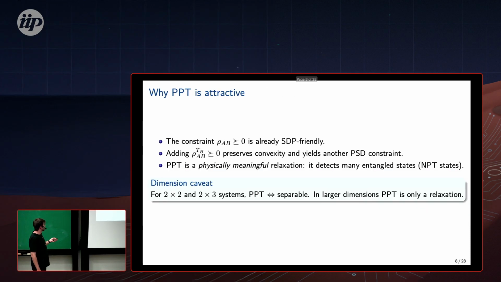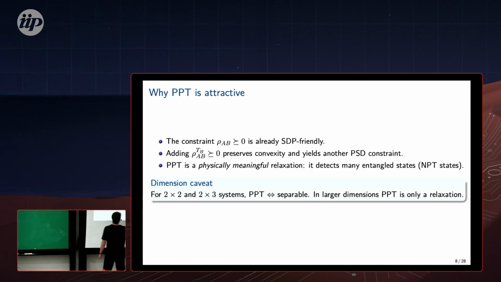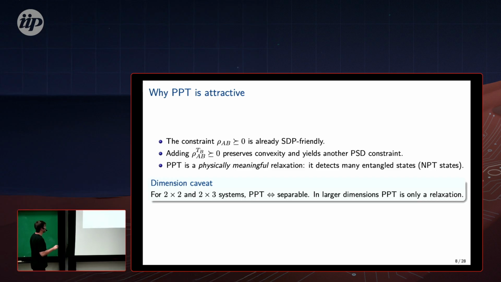Let's continue. What is nice about all of these things we were discussing is that requiring that a state is positive semi-definite is natural for SDPs, as we discussed, but also requiring that something has a positive partial transpose is another PSD constraint. It's just applying the partial transpose on a state.